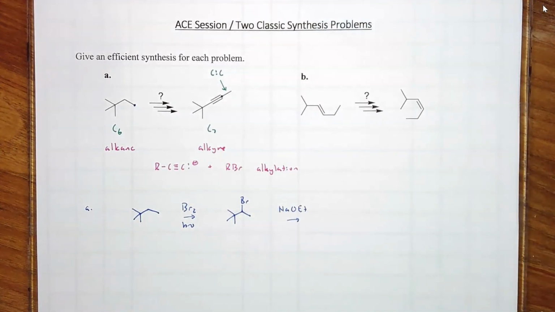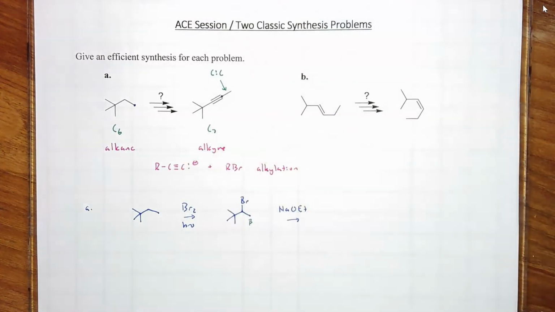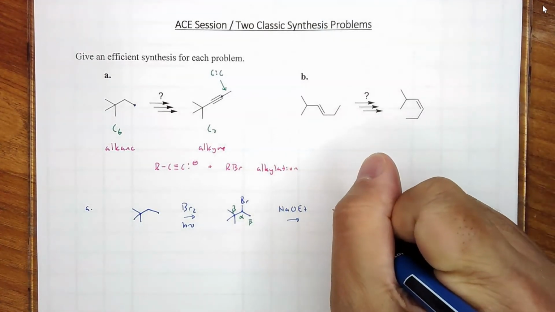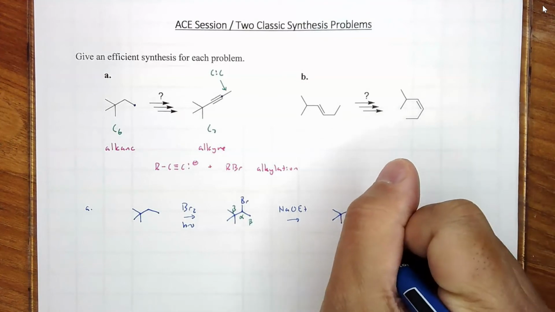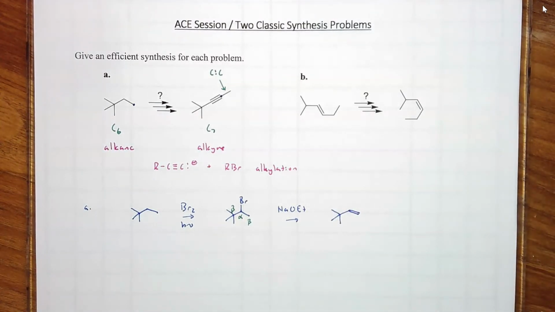There's only one beta carbon that has a hydrogen, and it's the one on the right. That's the alpha. And we have two beta carbons, one on the left, one on the right. But we can't make the double bond to the left because there are no beta hydrogens. We'll remove the beta hydrogen on the right to make the alkene.